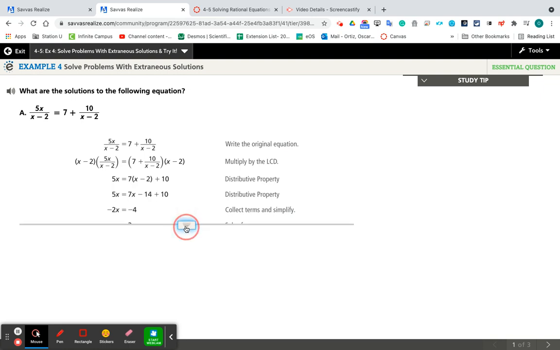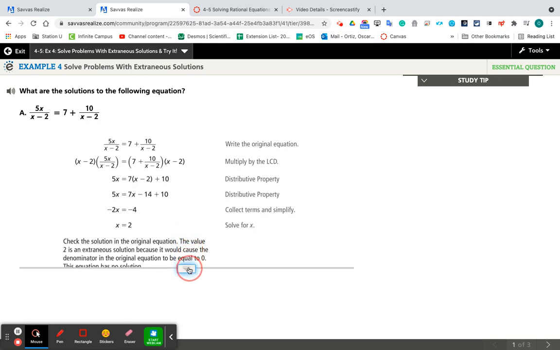And if you subtract 7x from both sides, then you get negative 2x on the left. So x equals 2. But watch the denominators. What happens when x equals 2? This will become 0, and we know that cannot be. So our conclusion is this equation has no solution.